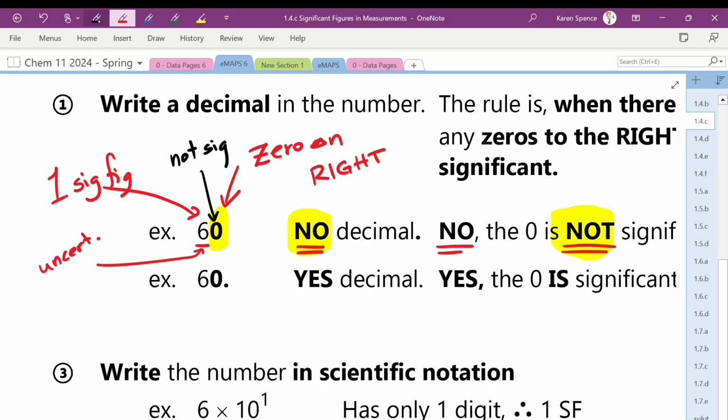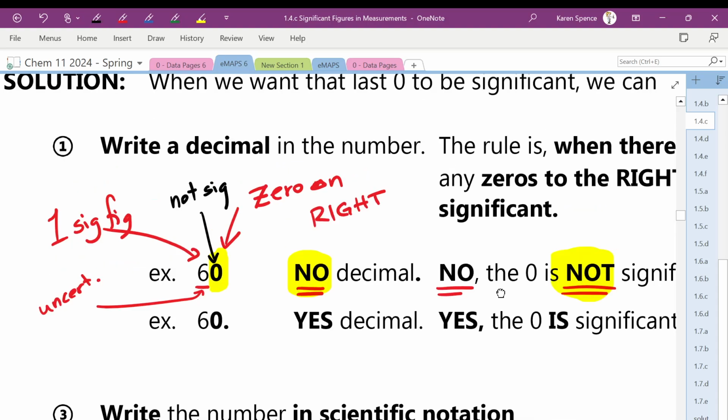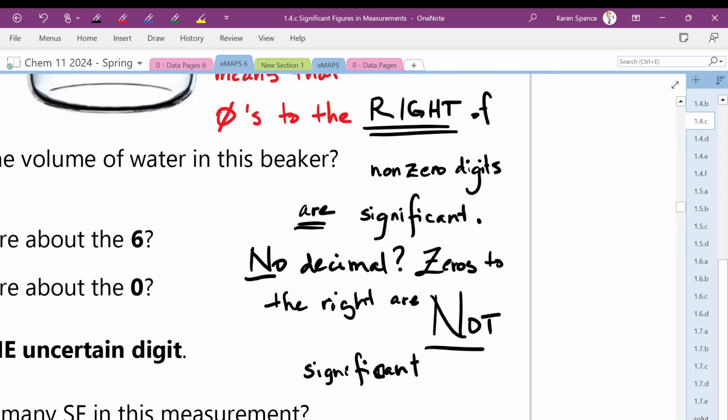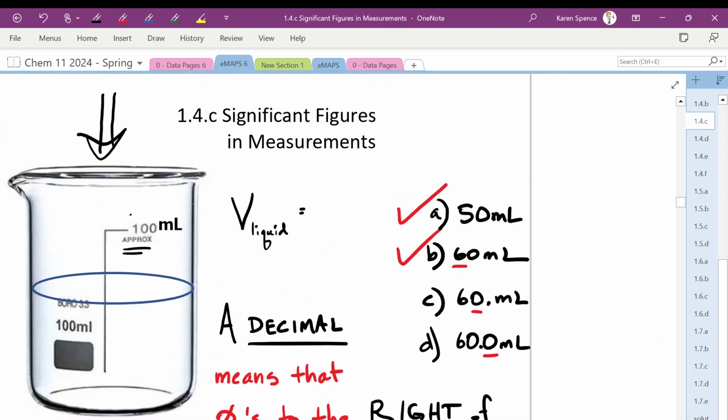And in fact, if you wanted to write this with an uncertainty, this may or may not help it make sense to you. Up here, let's go with that 60 milliliters. I could say the volume of the liquid is 60 plus or minus 10 milliliters.